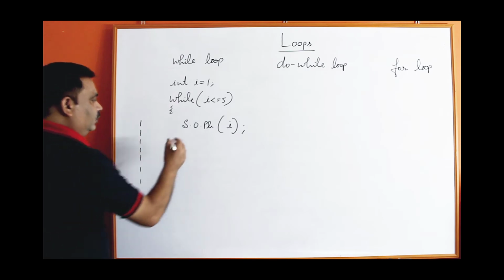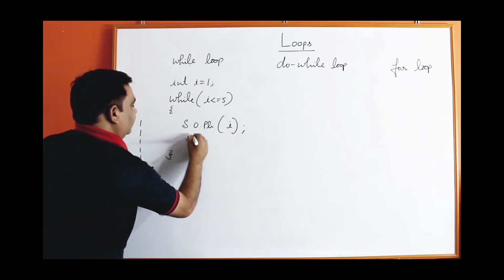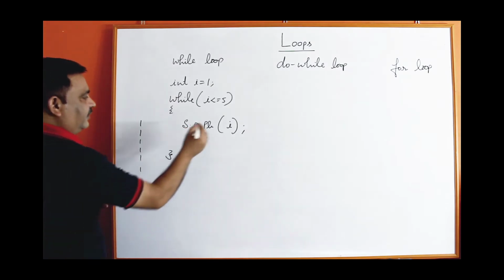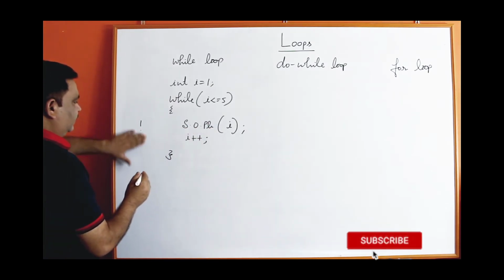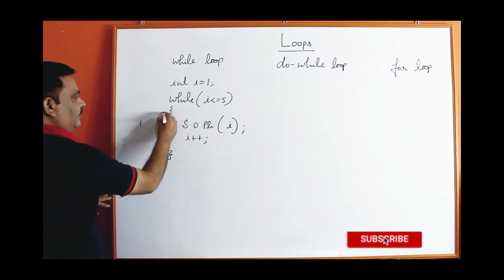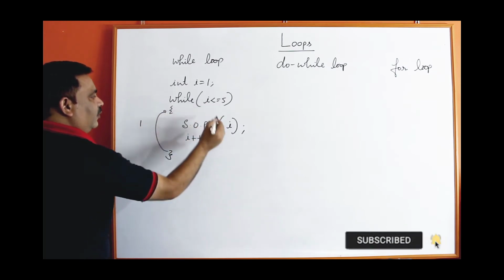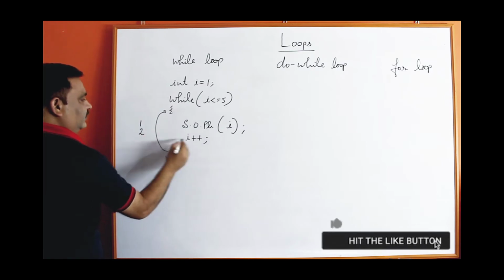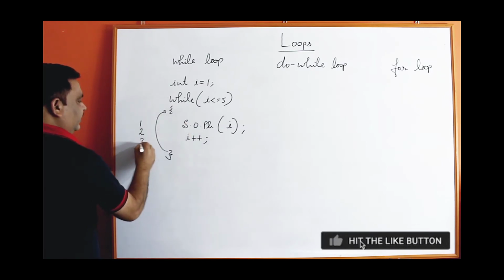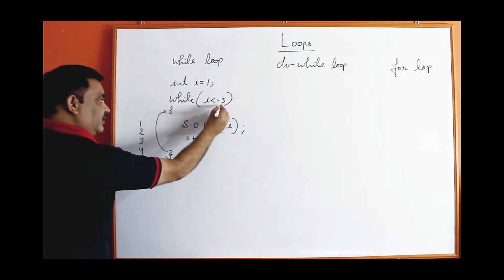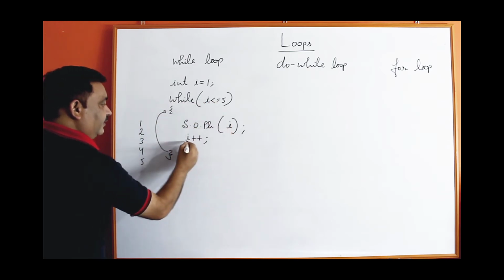Now what I am going to do, I am writing here I plus plus. So after printing 1, second time it will become 2. 2 is less than equal to 5, it will print 2, then 3, then 4, then 5. 5 is less than equal to 5, yes, it will print 5, it will become 6.